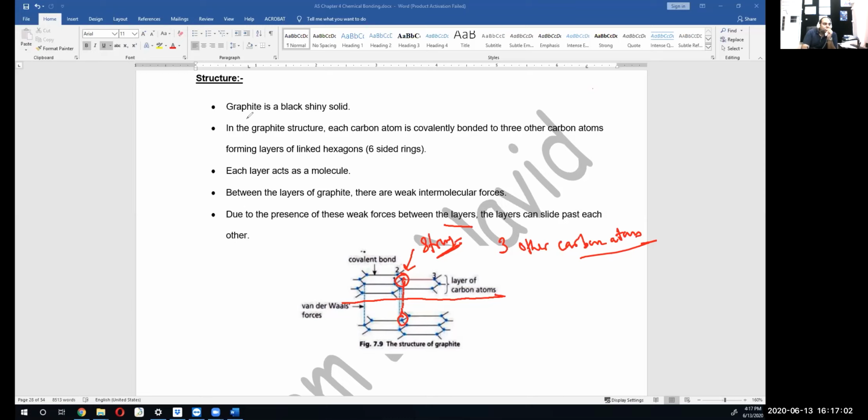So in the graphite structure each carbon atom is covalently bonded to 3 other carbon atoms, forming layers of linked hexagons. So diamond is tetrahedral, and graphite is hexagonal.